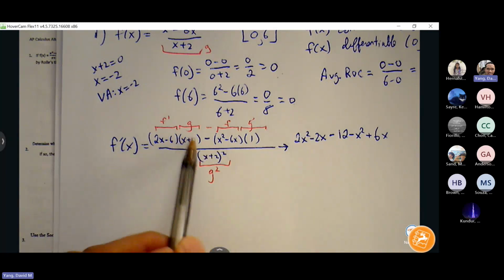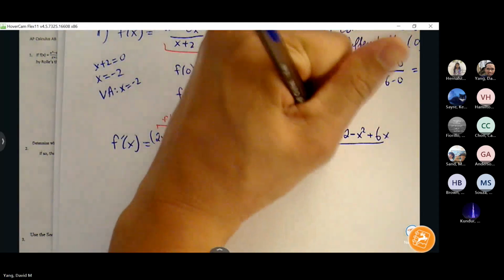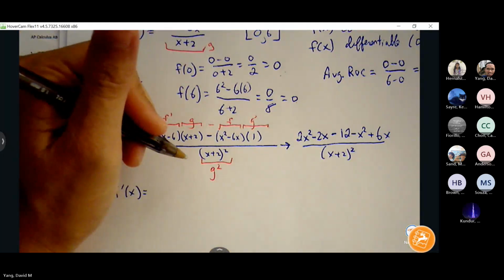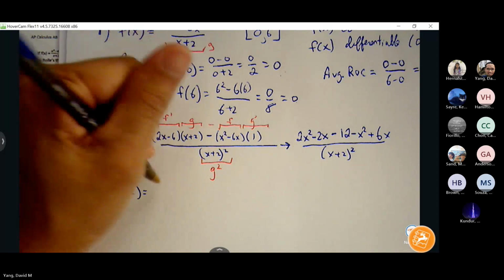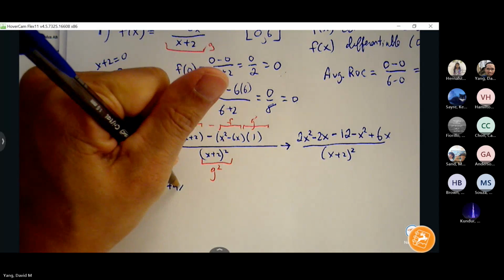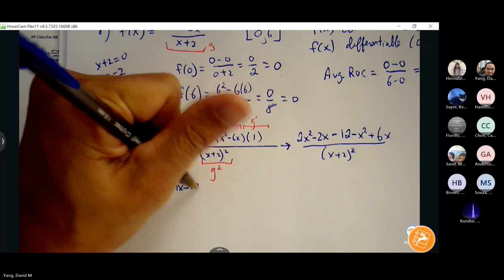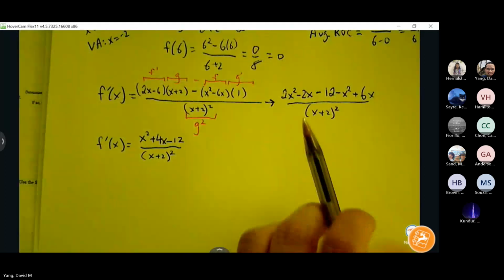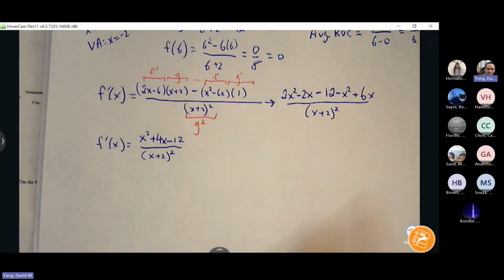It's negative 2x minus 12 minus x squared plus 6x. So 2x squared minus x squared is x squared, plus 4x minus 12, all over x plus 2 squared.